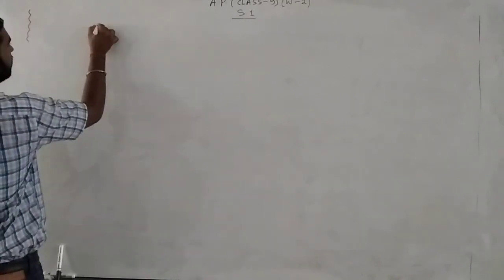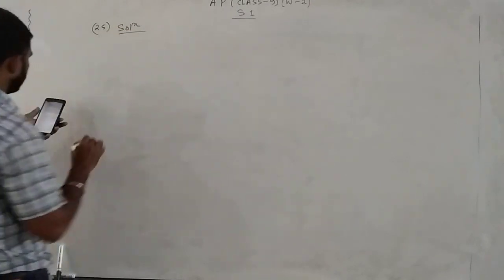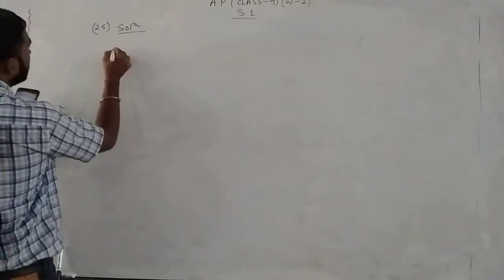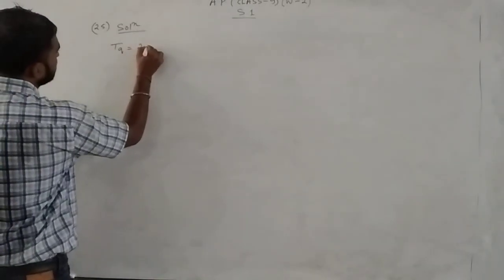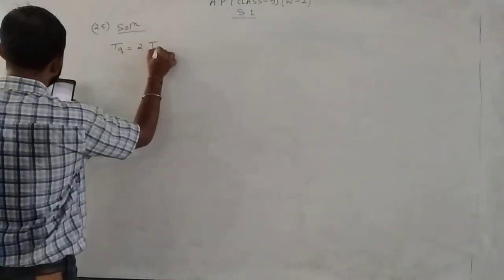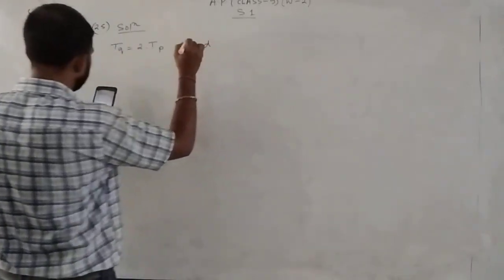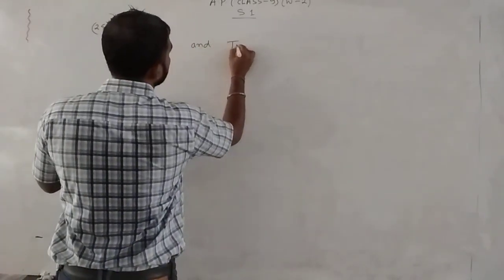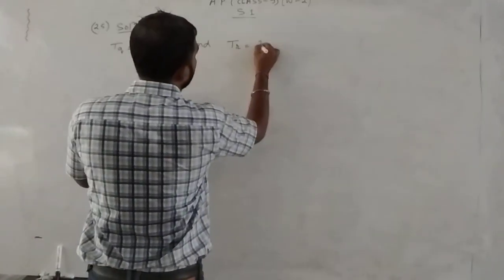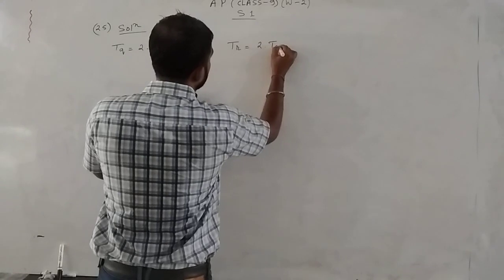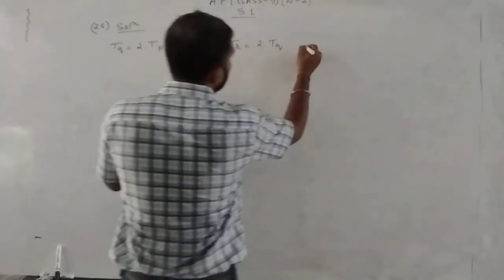Question number 25. What are the given conditions? The given conditions are: Tq equal to twice into Tp, and the second condition is the rth term equal to twice the qth term.